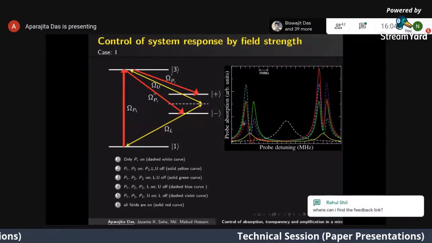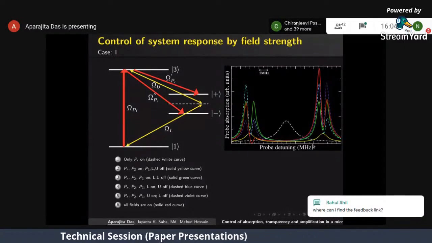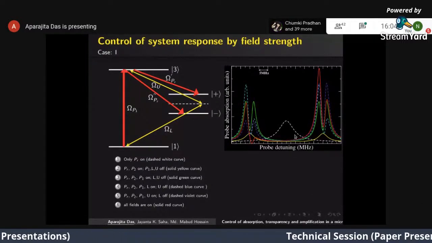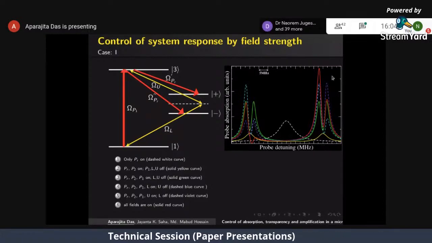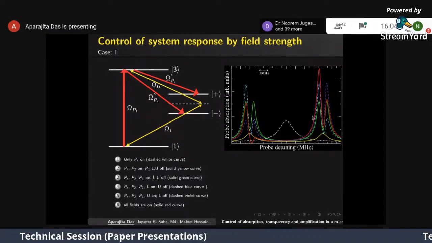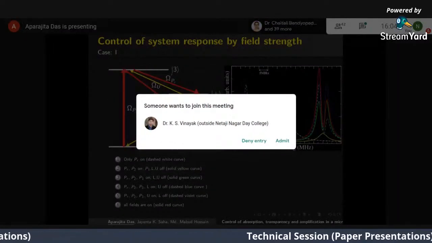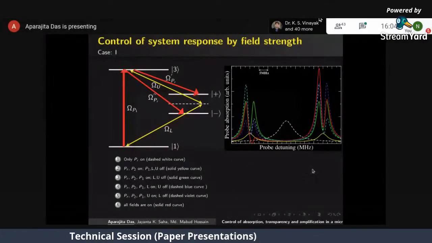We get here this violet profile. Here the profiles in both the detuning positions for the dressed states are similar to the 3-level systems, as there is no direct or indirect channels, only they are similar to the 3-level systems.